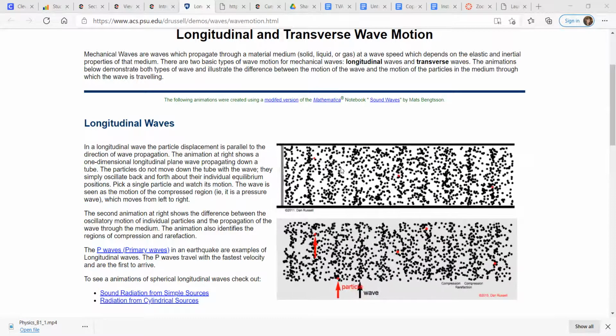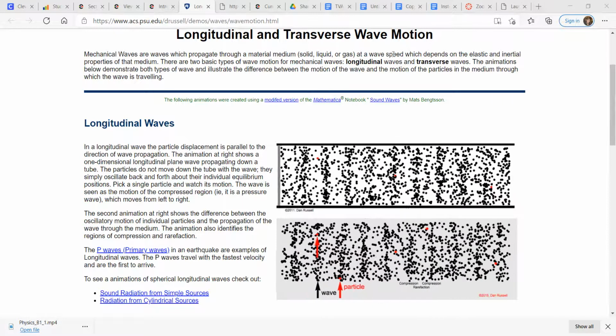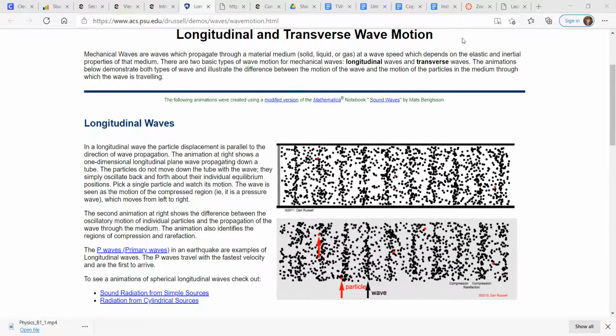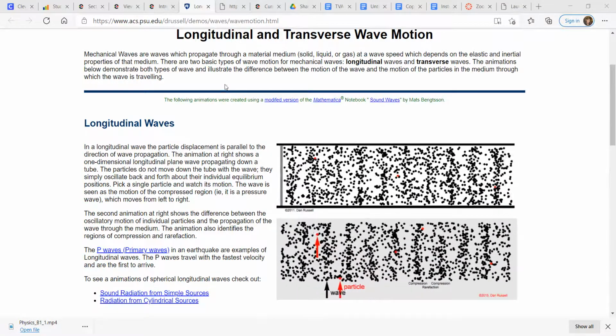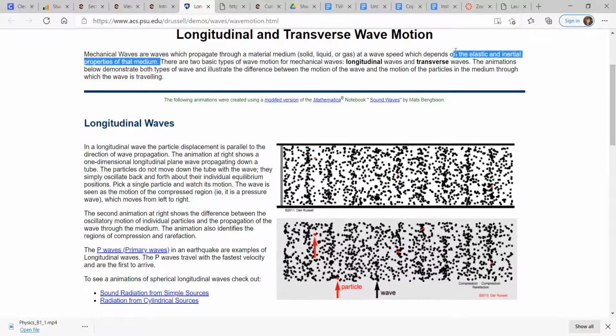Mechanical waves are waves which propagate through a material medium, solid, liquid, or gas, at a wave speed which depends on the elastic or inertial properties of that medium. So we'll understand that in a minute. But right now, let's focus on the two basic types of mechanical waves.